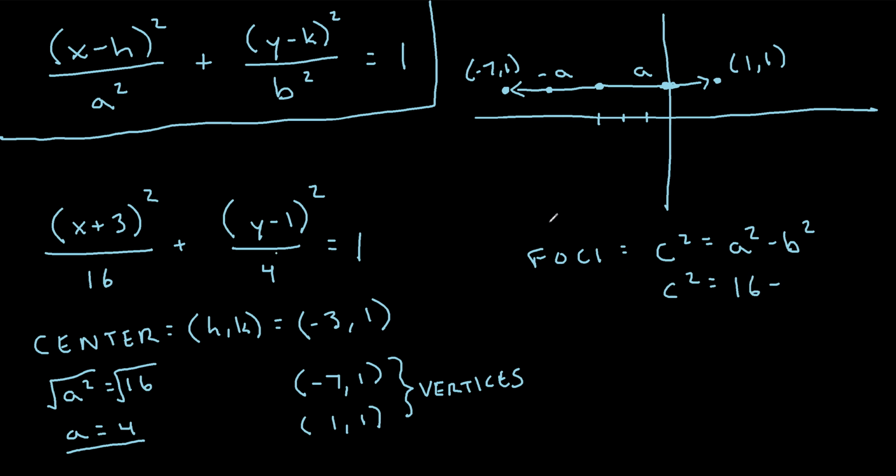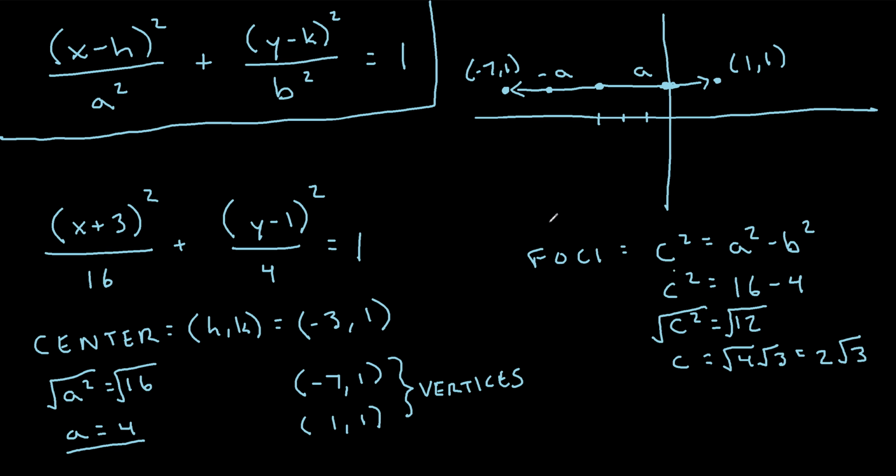And b² is the smaller denominator, which is 4 in this case. So we get c² is equal to 12. To solve for c, we can take the square root of each side. So c is equal to the square root of 12, which we could write as square root of 4 times square root of 3. And the square root of 4 is 2, so we can write our final answer as 2 root 3.